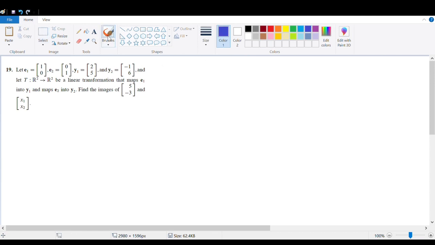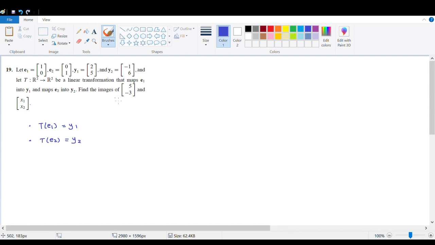Let e1 is equal (1, 0), e2 is equal (0, 1), y1 (2, 5), y2 (-1, 6). And let T from R2 to R2 be a linear transformation that maps e1 into y1. So from here we know that T e1 will be equal y1 and maps e2 into y2. So T e2 is equal y2.